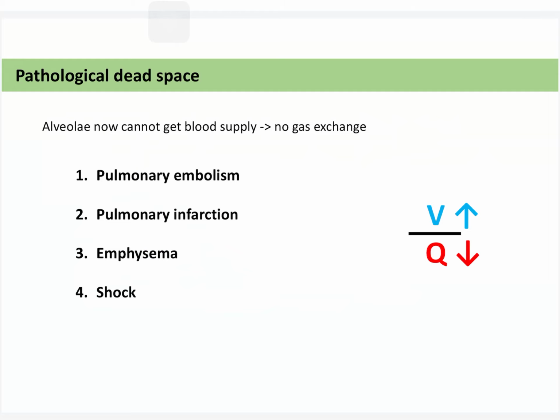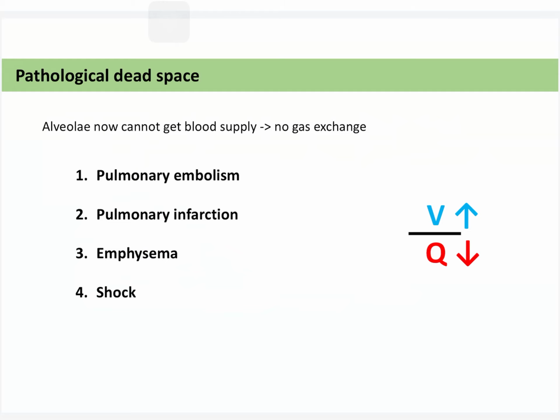So if we destroy the alveolar wall, although the capacity, or we say the volume, of the lung is the same, because the capillaries within that wall are destroyed, that portion of space is getting insufficient perfusion. So that is the cause of that dead space.